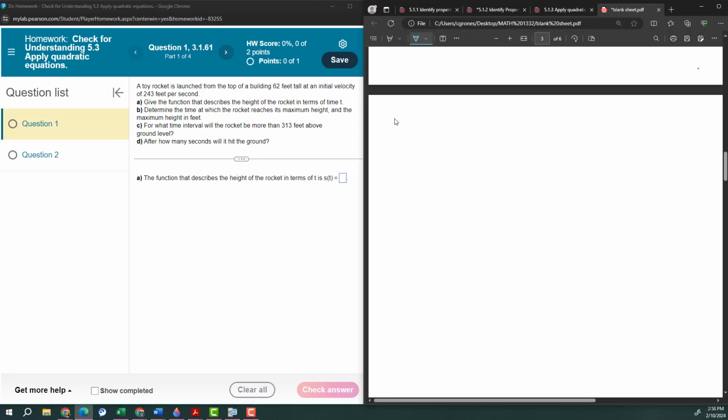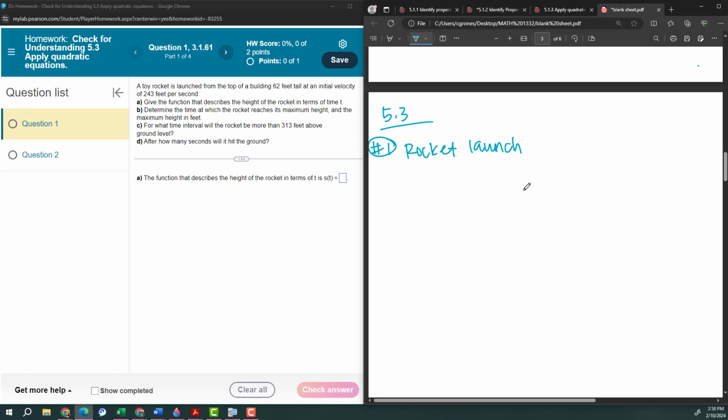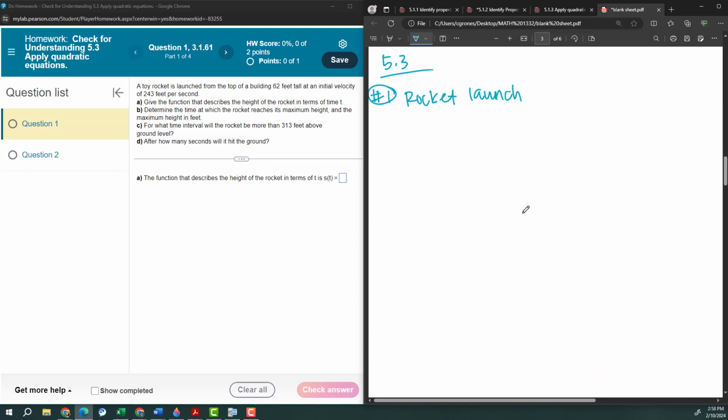We're going to be doing number 1. And it is going to be the rocket launch. So there is a test question like this particular question. It says that a toy rocket is launched from the top of a building that is 62 feet tall at an initial velocity of 243 feet per second.